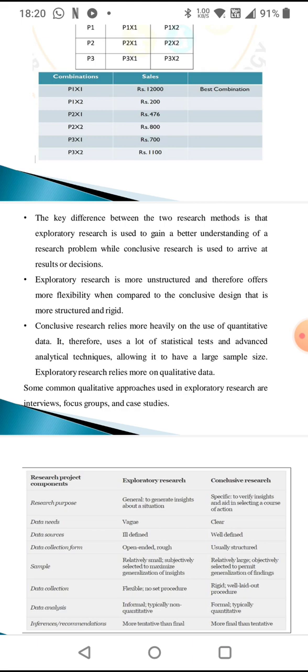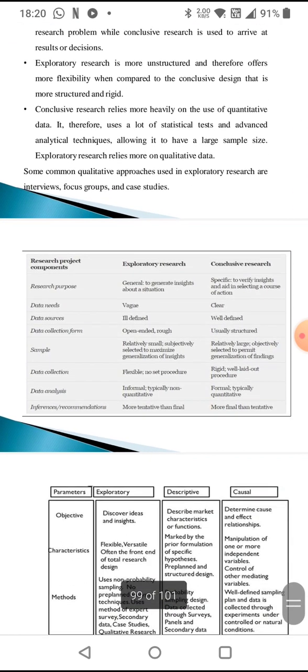Conclusive research relies more heavily on quantitative data, and therefore uses a lot of statistical tests and advanced analytical techniques, allowing it to have a larger sample size. Exploratory research relies more on qualitative data. Some common qualitative approaches used in exploratory research are interviews, focus groups and case studies.